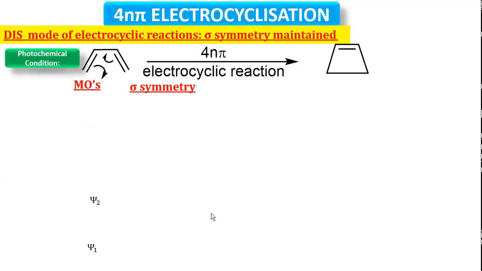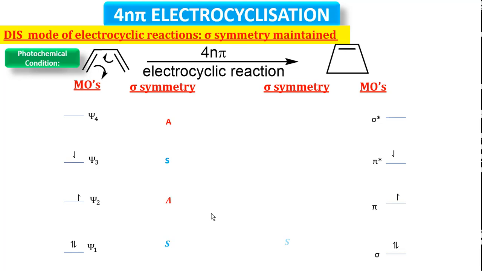So classify the molecular orbitals and give the symmetry, sigma symmetry. And here under photochemical condition, one electron from psi 2 promotes to psi 3, and one electron from the pi bond promotes to the pi star orbital.